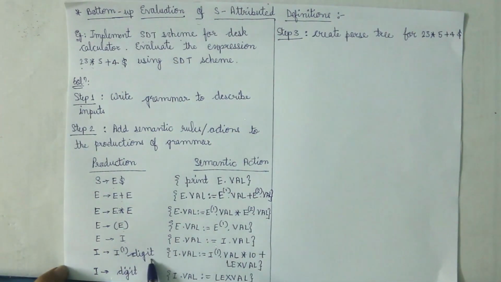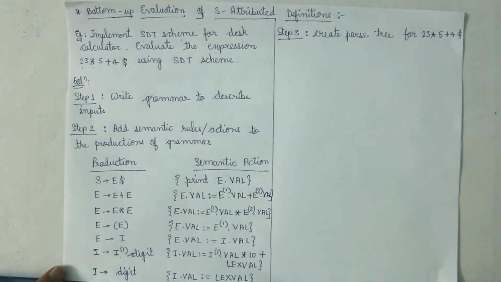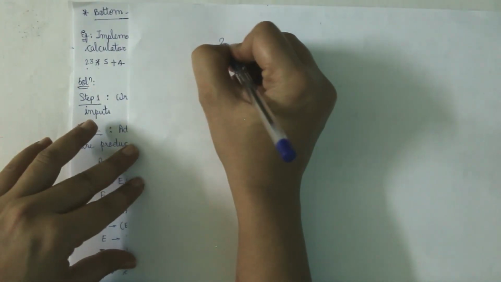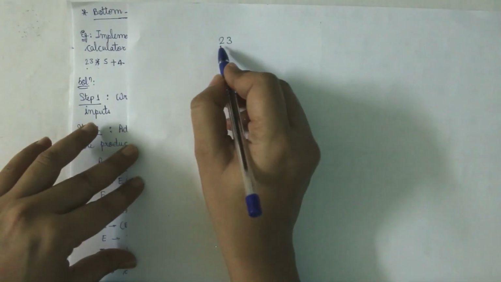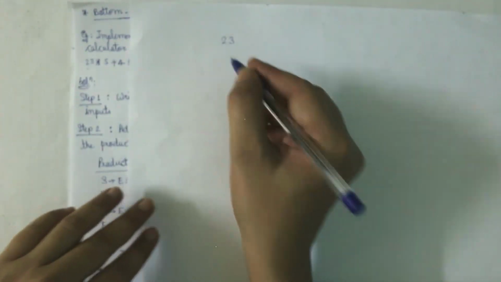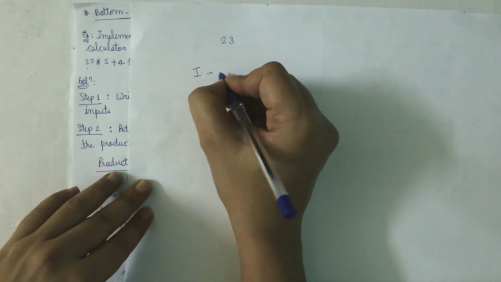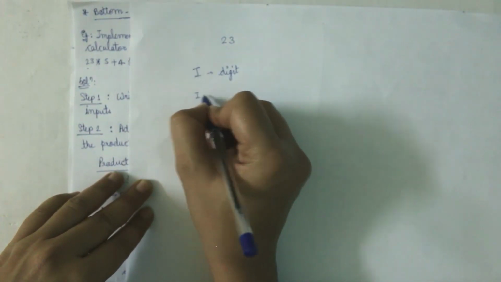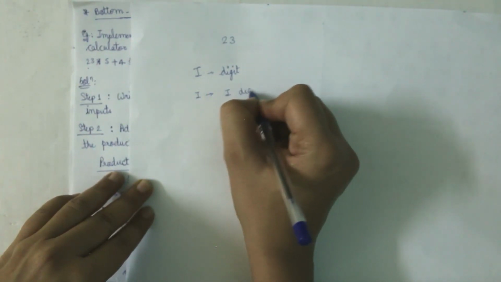If you have multiple digits, you have to apply this rule, that is I.val = I1.val * 10 + lexval. Let's take an example for this. Suppose I have two digits, 23. If I want to make this an I, first is I tends to digit, and the next is I tends to I digit.